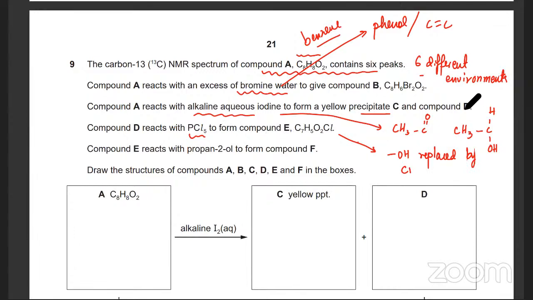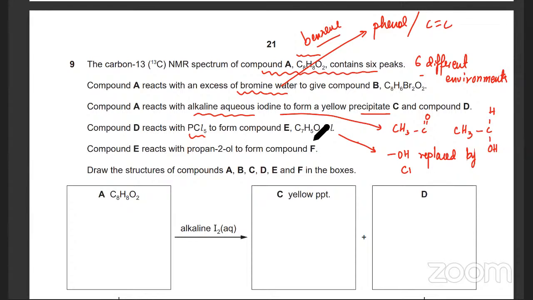But he's talking about compound D over here, not the original molecule, which is A. And then he says compound E reacts with propan-2-ol to form compound F.